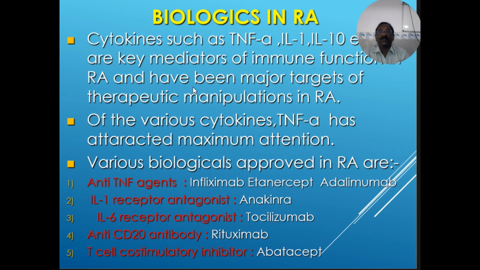Cytokines are the key mediators of the immune function, and have been the major targets of the therapeutic manipulations. Of the various cytokines, tumor necrosis factor alpha has attracted the maximum attention. So we have the different drugs in anti-tumor necrosis factor agents like infliximab, etanercept, adalimumab. They are very popular. And the second drug is probably the rituximab, that is the anti-CD20 antibody.